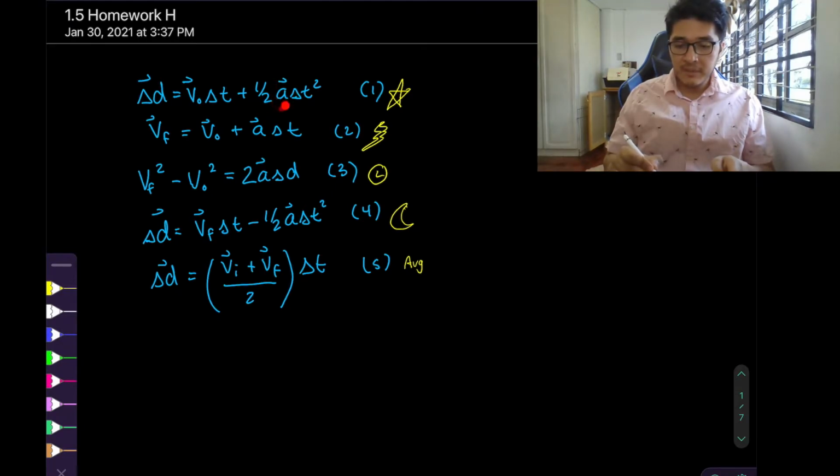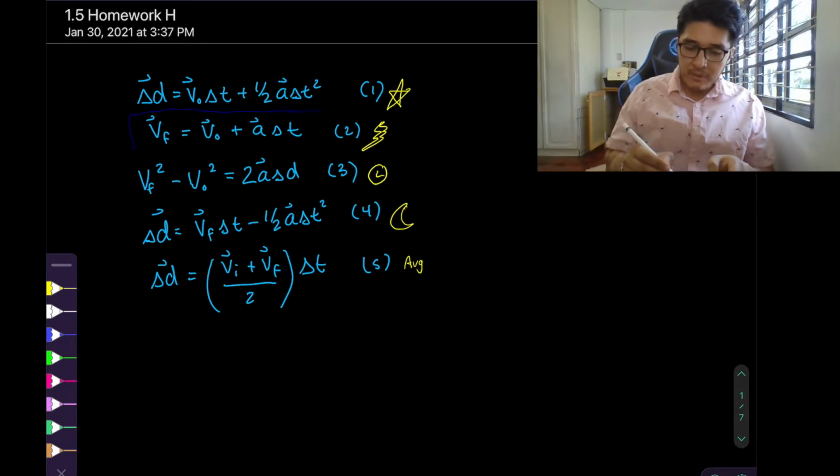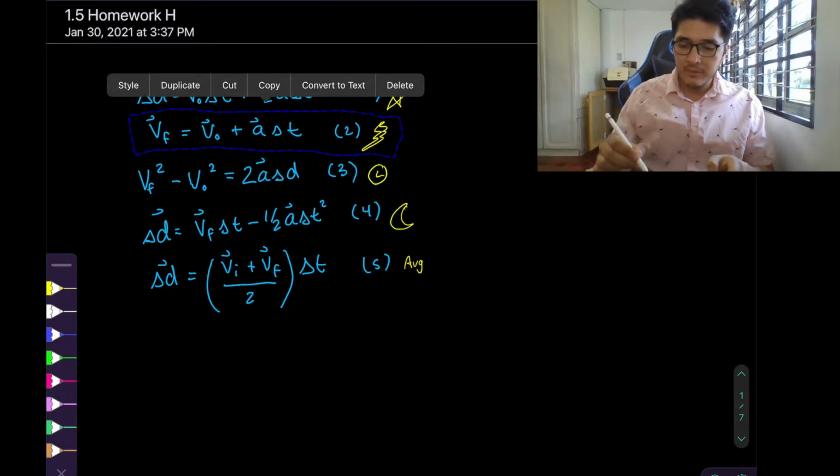So I'm looking for my acceleration, but notice I don't have displacement, so this is not a good choice for now. My second formula, my final velocity I have, initial velocity I have, acceleration I don't, but we know the time interval. But the acceleration is trapped there somehow, so we're going to use equation 2, but we have to rearrange it to find the acceleration.